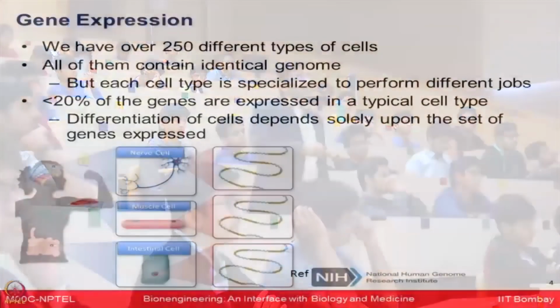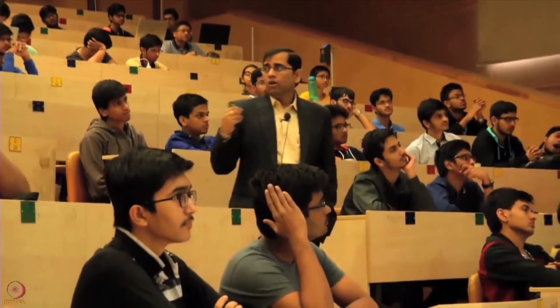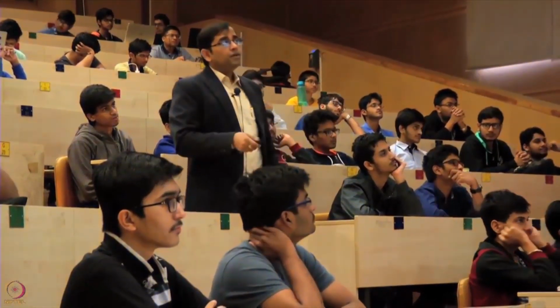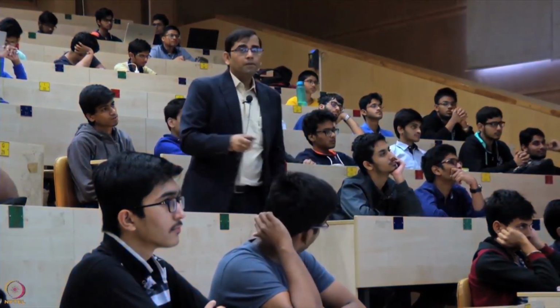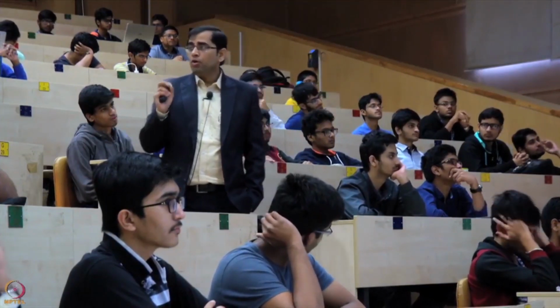This particular image, which is a reference from the National Institute of Health, NIH, shows that we have all these genes, and probably you cannot read clearly. There are certain introns and exons, and some genes are on and off. In these cases all the genes are the same, whether you talk about a nerve cell, a muscle cell, or an intestinal cell, all of these cells have the same genes. But just imagine when you need specific requirements for certain proteins to be on, then you will see the expression of some genes.